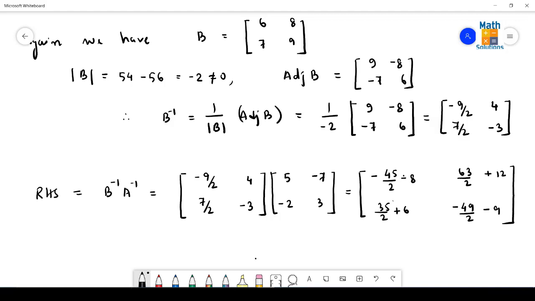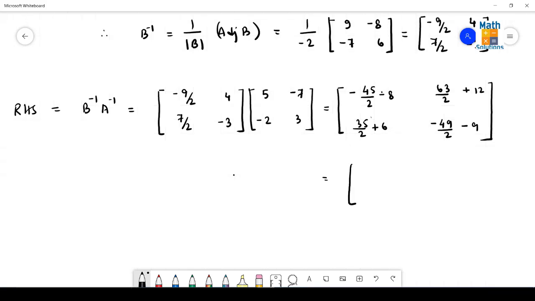After complete reduction we should get the result as minus 61 by 2, then 87 by 2, then 47 by 2, then minus 67 by 2. So these are the results I got for the RHS.